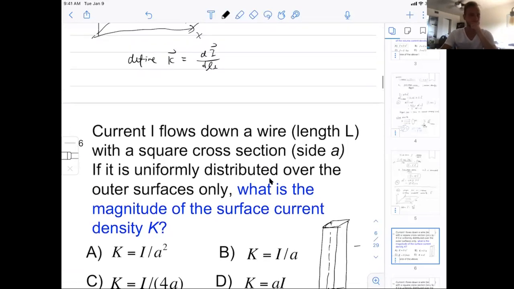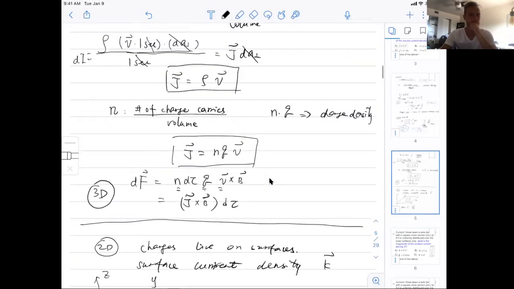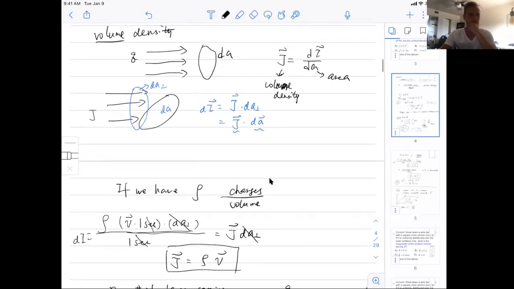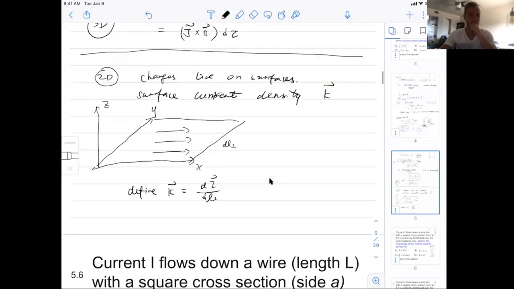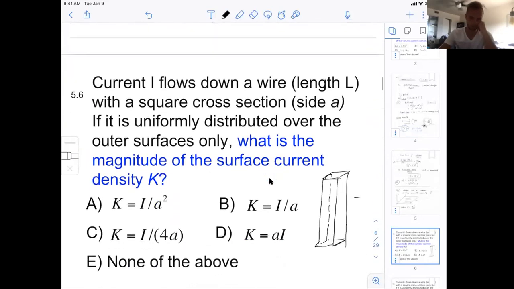Recall, current over area is J. This would have been correct if the current were flowing within the volume, inside the wire. But here the current is only flowing on the outer surface. So we need a surface density, which means we have to divide it by a length.